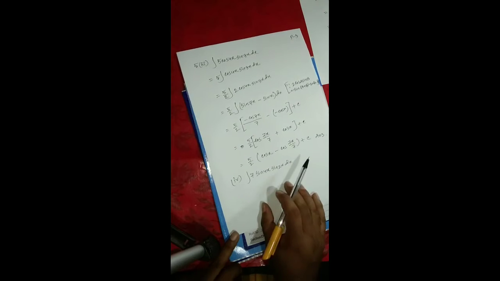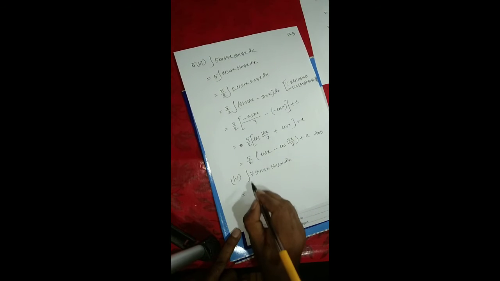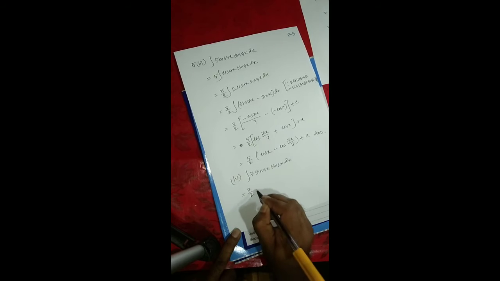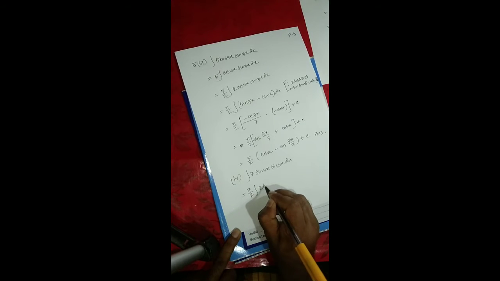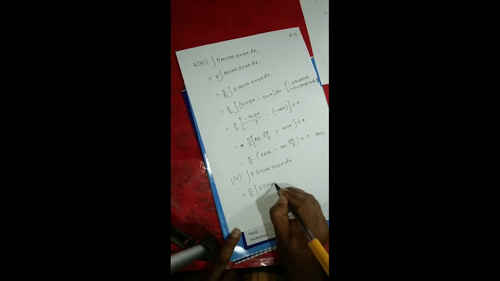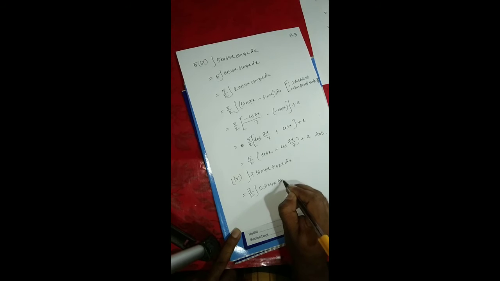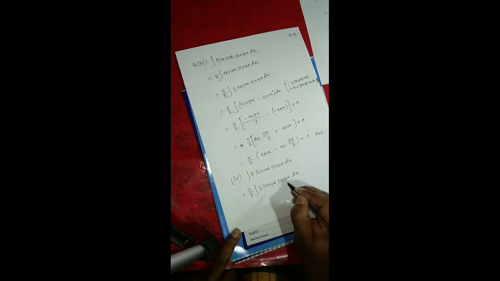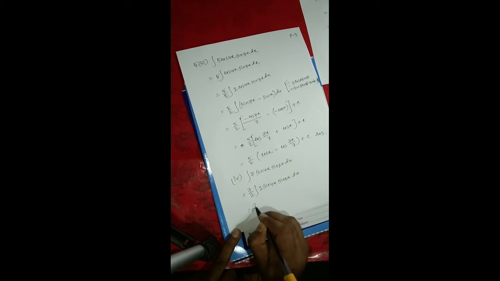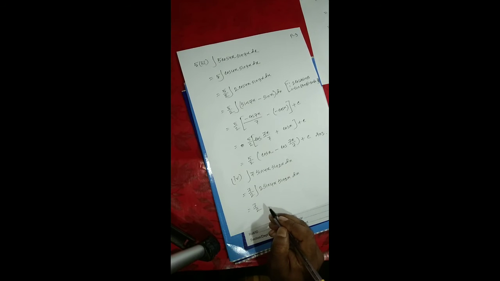Now 4 number, write down directly. Here 7. Now 7/2 integration 2 sin 4x and sin 2x dx. Now 7/2.